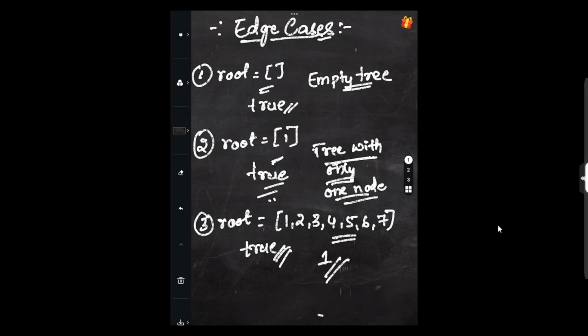It should not be greater than 1, right? If it is greater than 1, then the tree is said to be unbalanced, and the output has to be false. In this case it doesn't differ, as we are going with a perfectly balanced tree, so the output will quite obviously be true here.